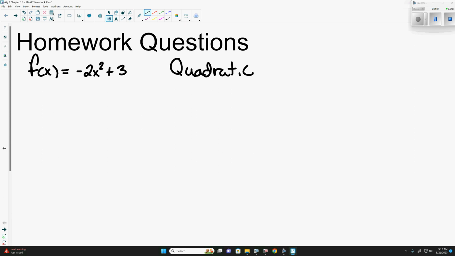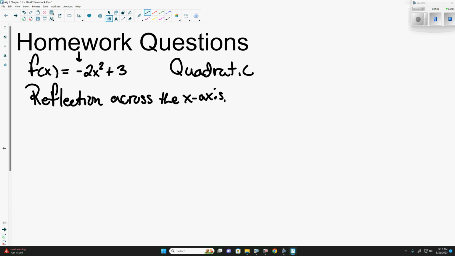Now, we want to identify the transformation. As we look at this here, we do have a negative in front, which means this is a reflection across the x-axis. Now, the 2 tells us that we have a vertical stretch of 2.